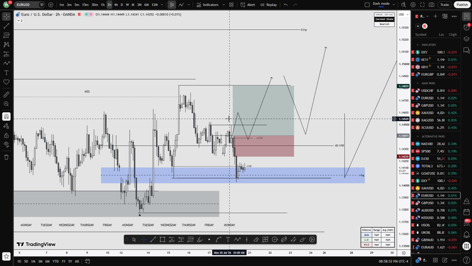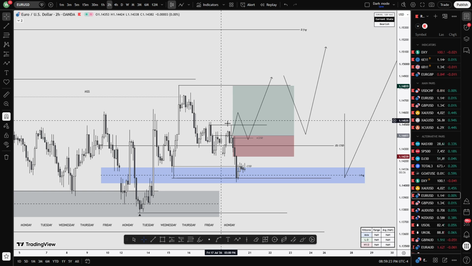We have trends and trends and trends, right? The overall trend on EU right now is bearish for now. So you have to make sure that you see certain things in price first before you get involved.